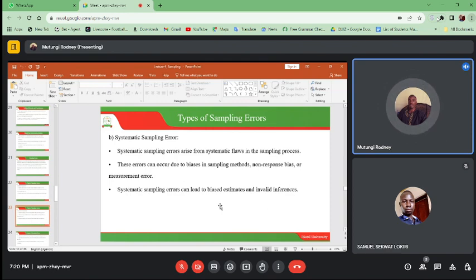But remember, you had set a predetermined interval. So when you go to number 12, you can bring in that bias.